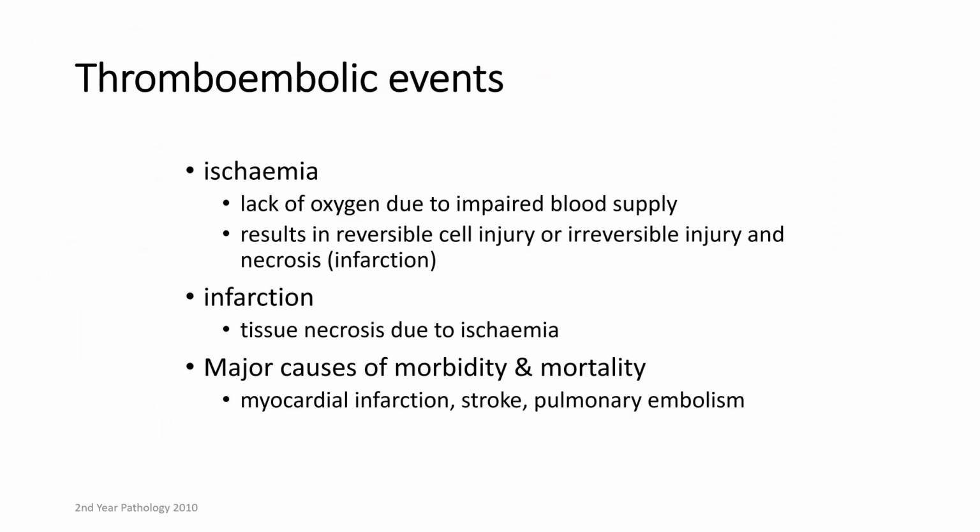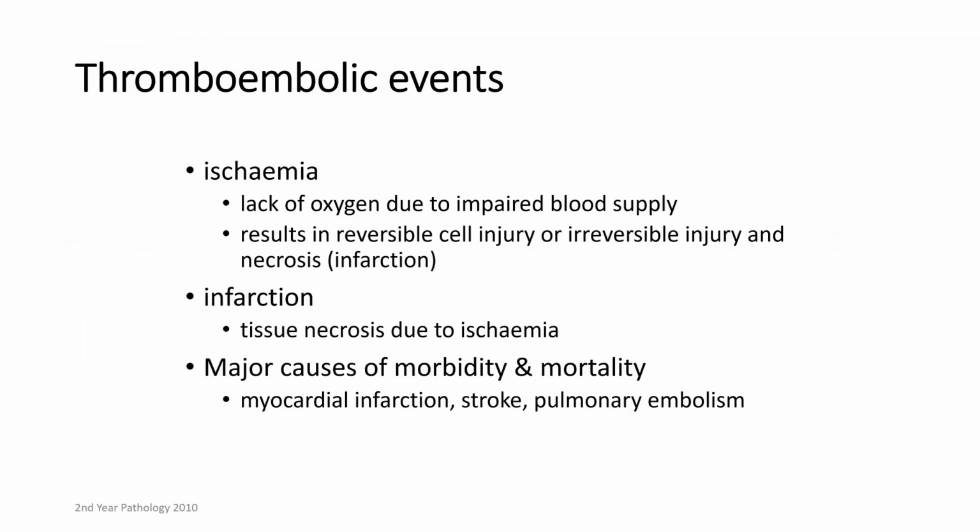So some of the thromboembolic events we have to understand, which have a clinical significance, include ischemia and infarctions. Ischemia causes a lack of oxygen due to impaired blood supply.